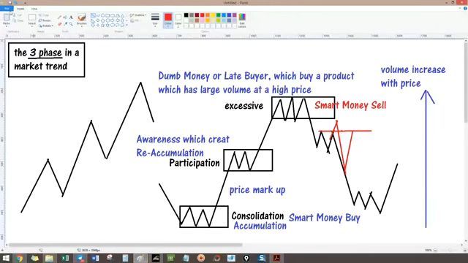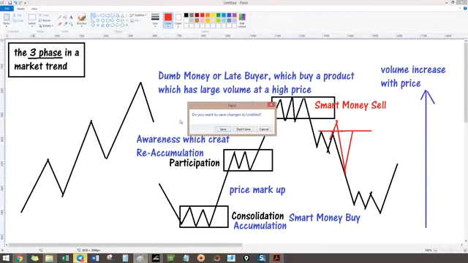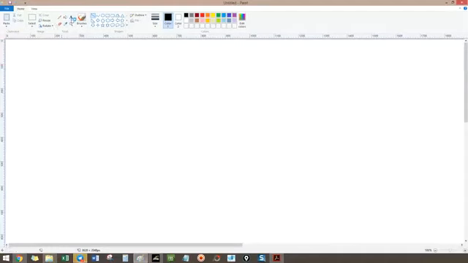So in the uptrend, you will find something like this: 1, 2, 3. 1, 2, 3.